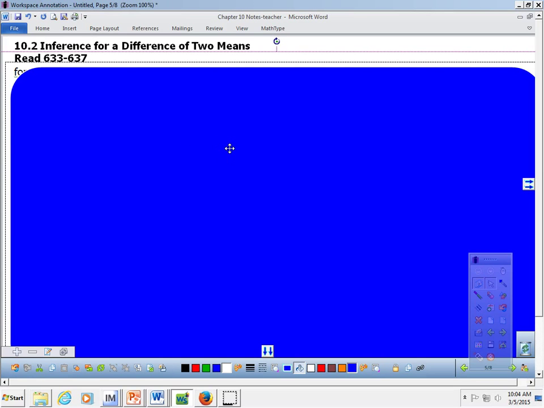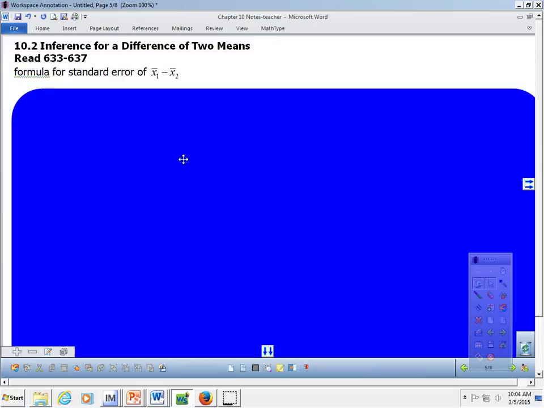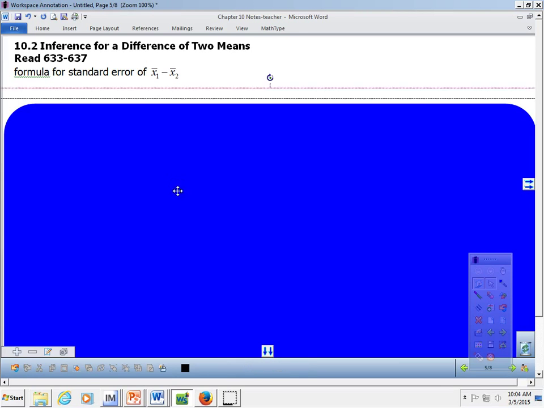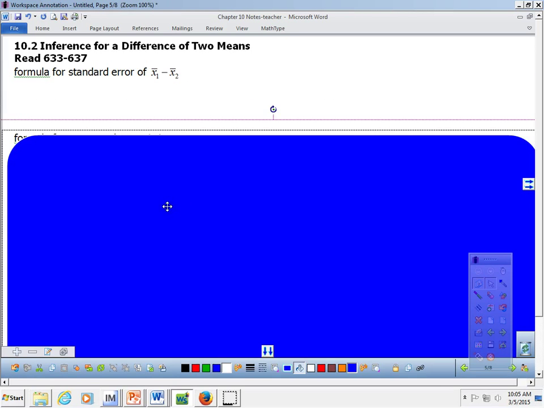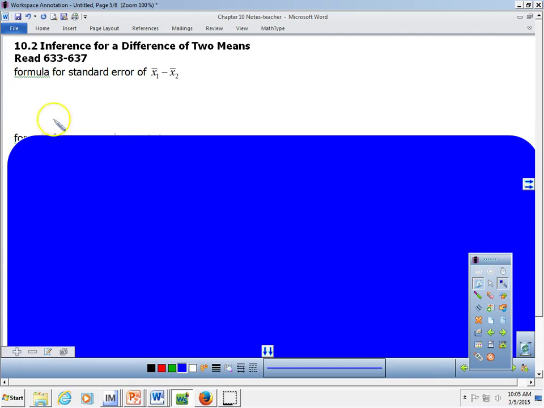So the first thing we need to talk about a little bit is the formula for standard deviation, or actually for standard error. And remember that standard error is just one of those term differences. That's really about it. We've already discussed just a minute ago standard deviation for our difference.